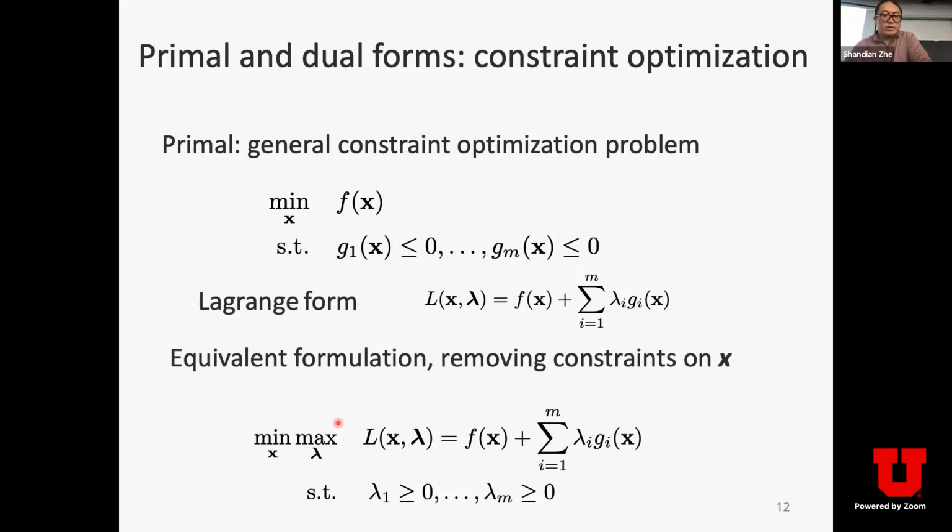In the inner level, we maximize the Lagrange function with respect to the Lagrange multipliers. In the outer level, we minimize the Lagrange function with respect to x. And here, we have a non-negativity constraint on every Lagrange multiplier. Namely, lambda 1 to lambda m must be non-negative.